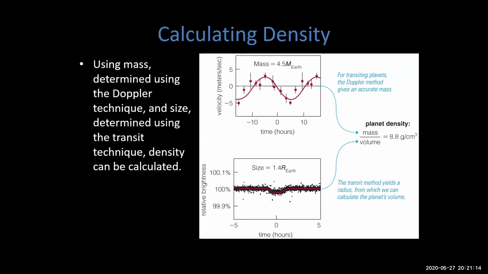Combining these two methods is a very lucky thing to do, but it can be done in a small number of cases. And in those cases, we get the density. So that is kind of where the field is today, just finding the densities of these planets.